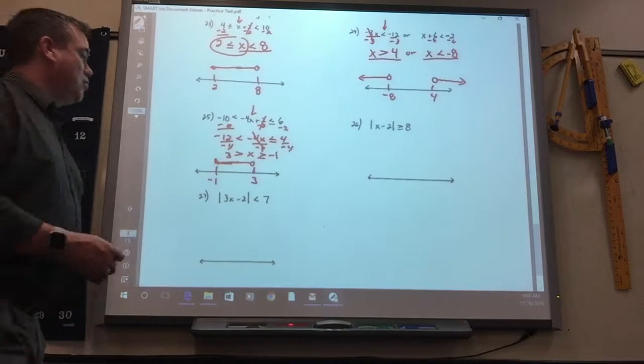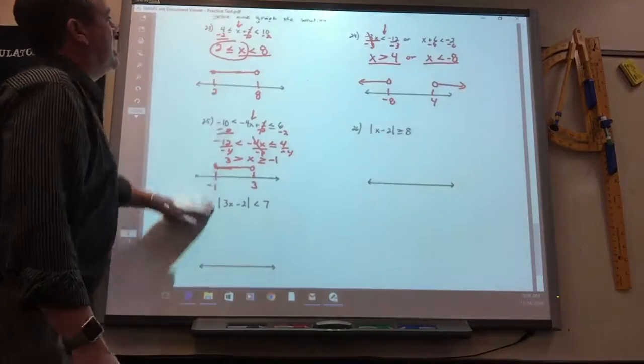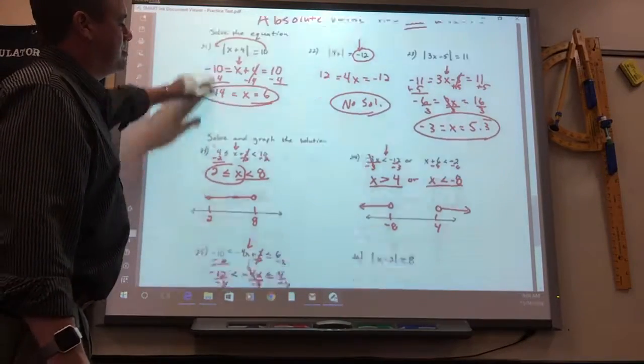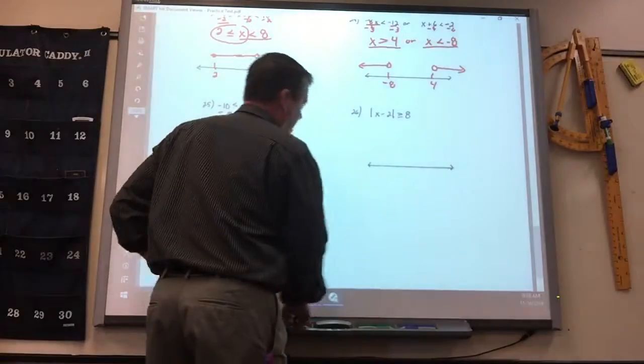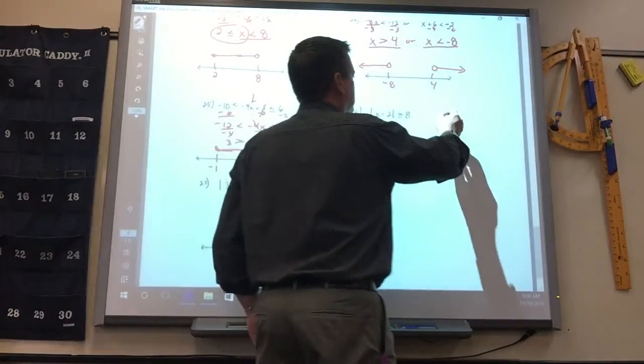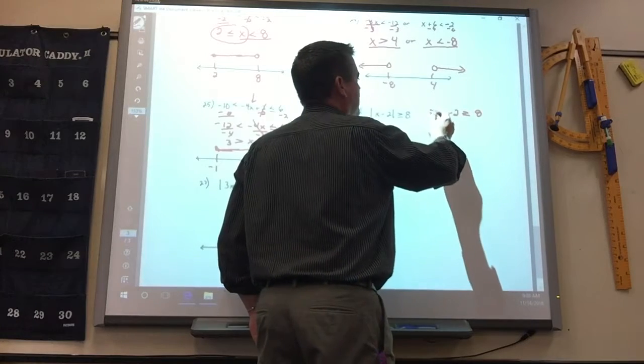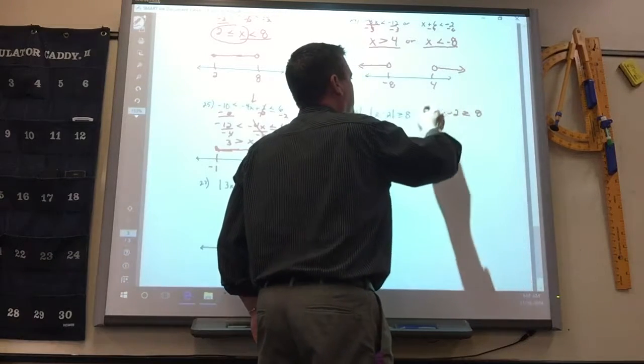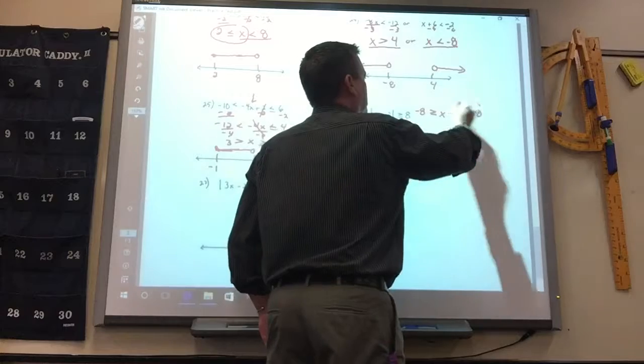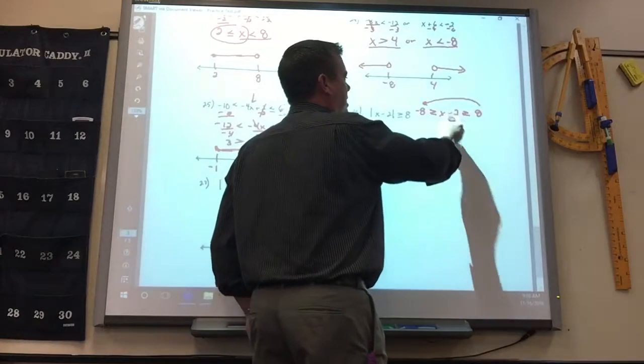Then the absolute value ones, you do exactly like we did the equations. You rewrite it. Put the same sign here, they gotta point the same way, and then you just put the opposite on that side. And then get the x by itself.